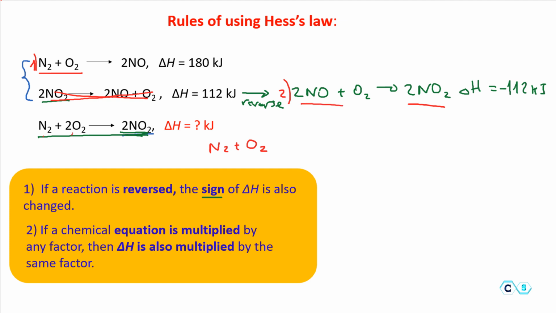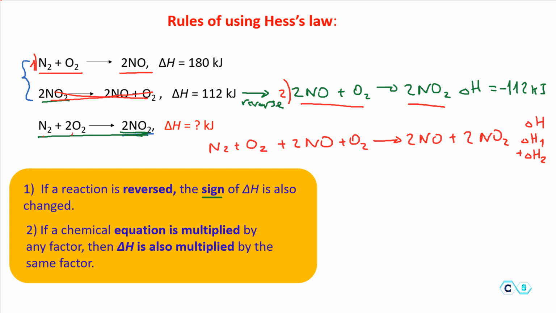Now I'm taking the reactants from this side, plus 2NO plus O2. They're going to give me the products, and the products are here. So I have nitrogen monoxide, 2NO, and I have nitrogen dioxide. And the delta H of this is going to be the sum of delta H1 plus delta H2. Of course, we're going to consider the sign as well.